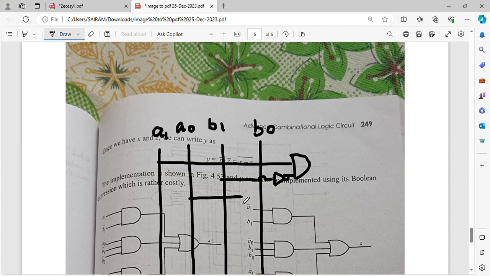Okay, please wait, I'm sorry, I'll just write the diagram in a neat manner.